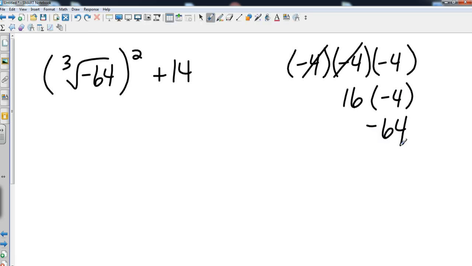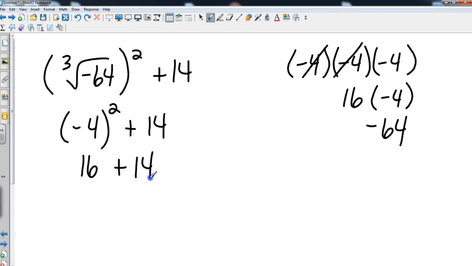So the cubed root of negative 64 is negative 4. We're going to square that and add 14 to it. So negative 4 squared, that's negative 4 times negative 4, which is going to give you 16. And then we're going to add 14 to it, which will give us a total value of 30.